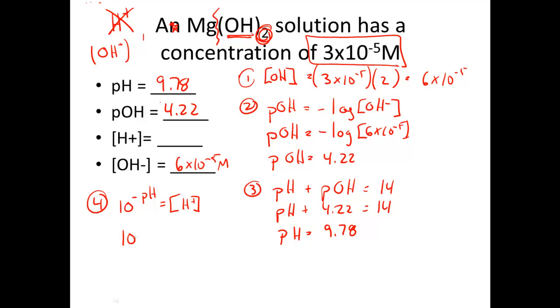A little substitution goes a long way. 10 to the negative 9.78 is going to equal my H ion concentration. And my H ion concentration ends up being equal to 1.66 times 10 to the negative 10th. And that's going to be molar.